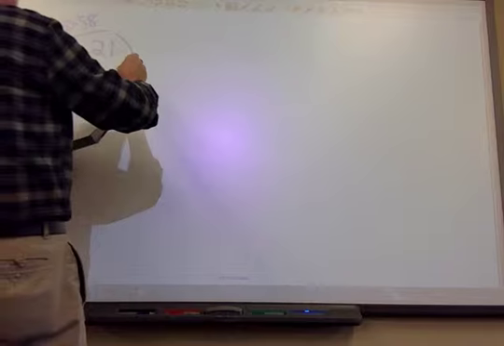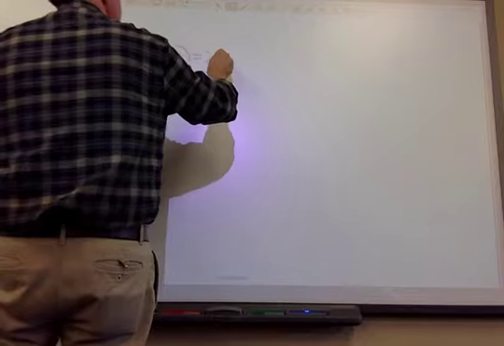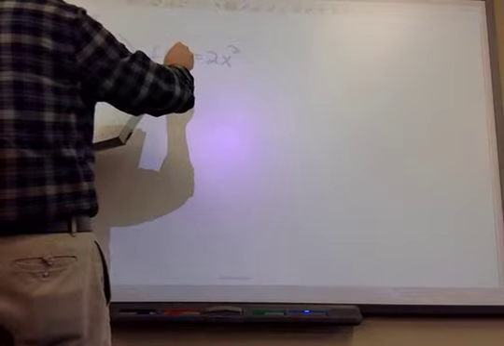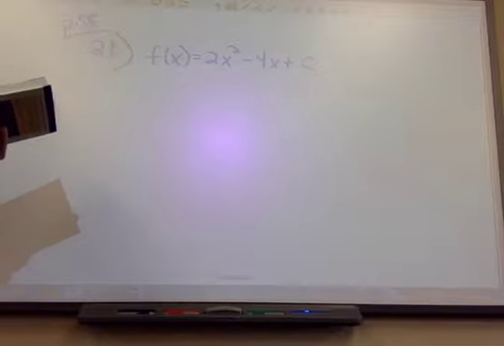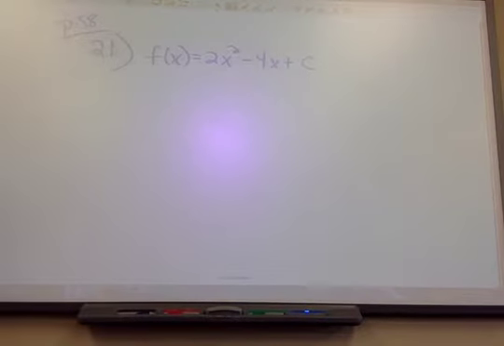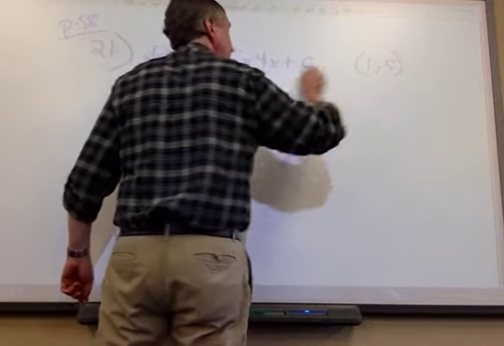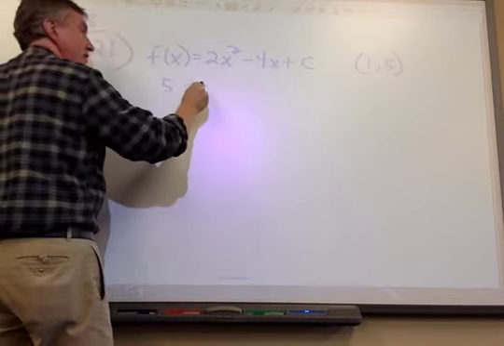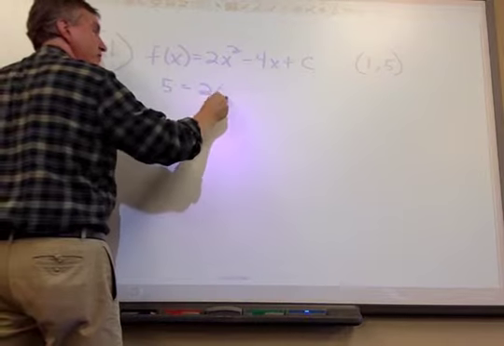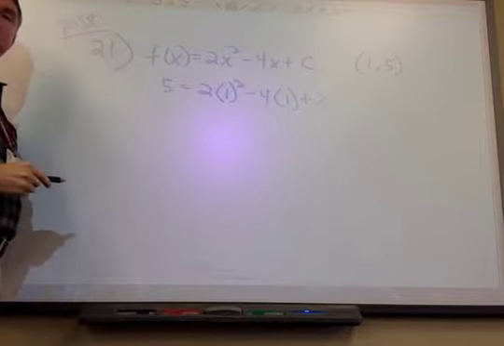So they give me f of x is 2x squared minus 4x plus c, and they say the point is (1, 5). If (1, 5) satisfies it, that means the y would be 5, so f of x would be 5, and then I could plug 1 everywhere there's an x, and then I could solve for c.